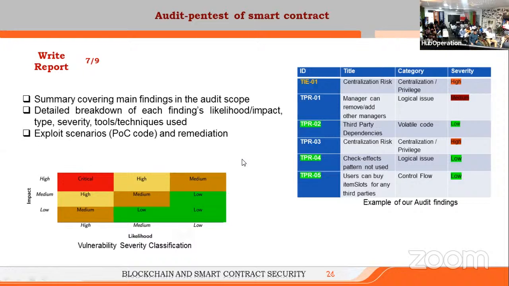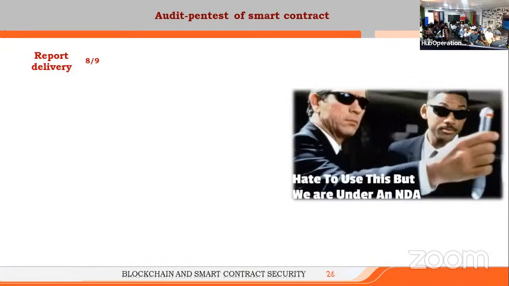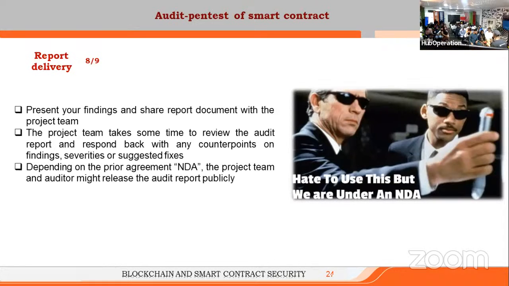You write exploit scenarios, like hacking scenarios and proof of concept, and there is some remediation in the short term and in the long term, and you should share it with the developers and the project team.